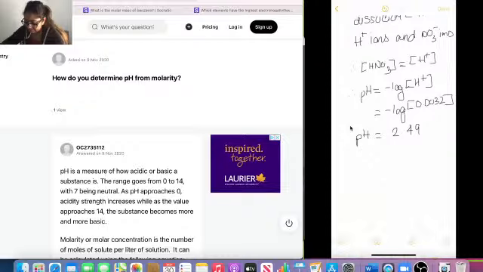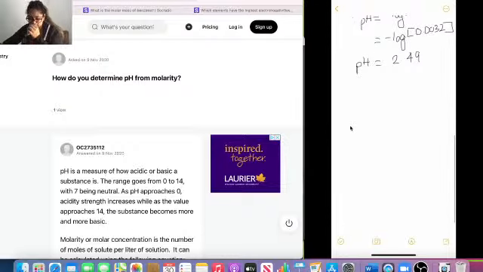And so this is how you can determine pH from molarity, and you just need to know the concentration of your acid or base. If it's a strong acid or base, it will completely dissociate into its individual ions, and upon that you can substitute it into your pH equation and find the pH of that substance, acid or base.